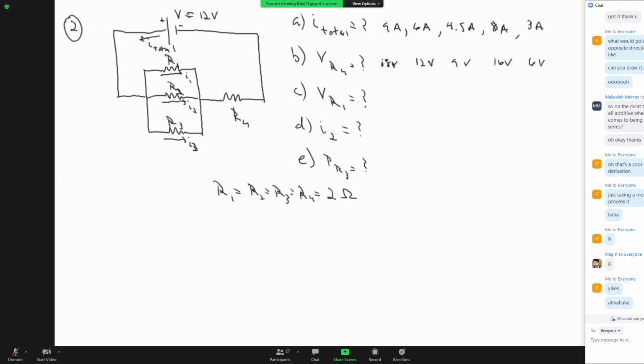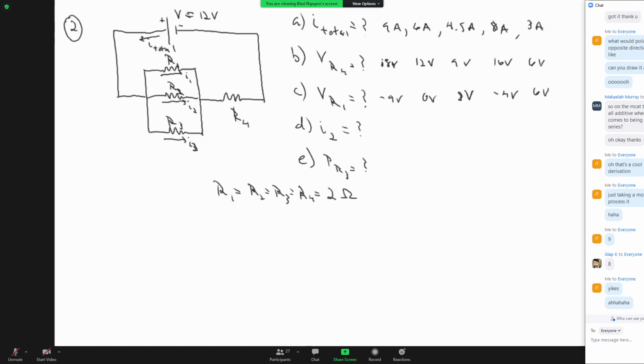Voltage across R1. Given those voltages, should be negative 9 volts, 0 volts, 3 volts, negative 4 volts, and 6 volts, respectively.